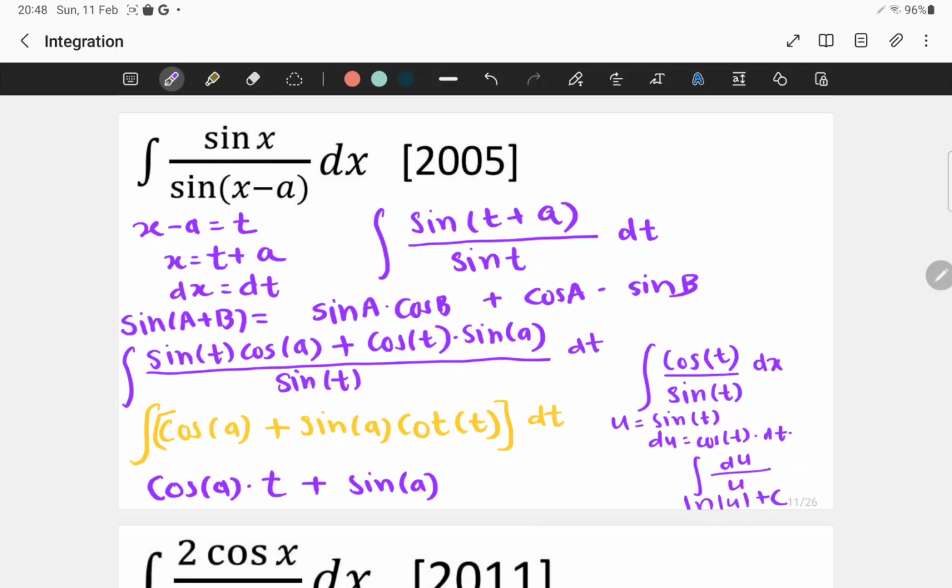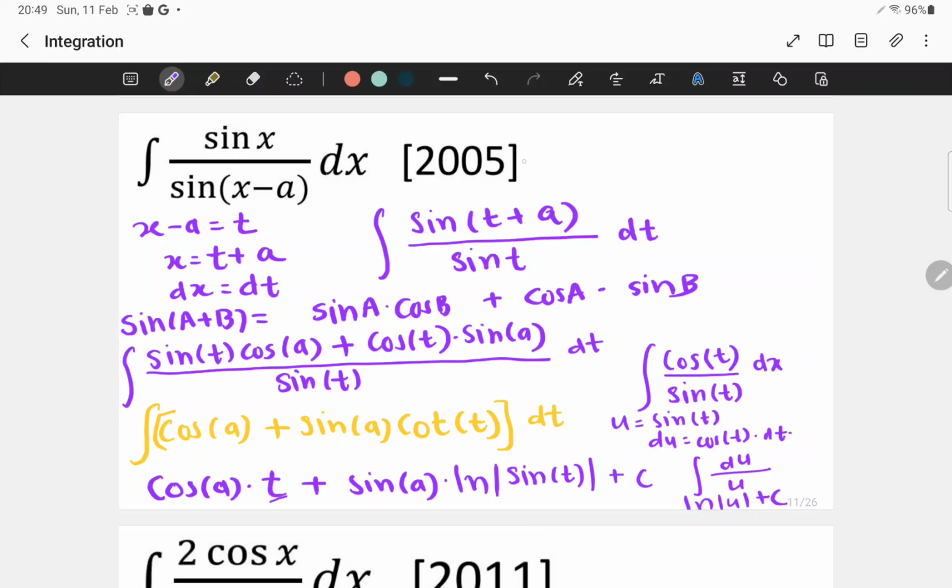So integration of cot t is natural log of sin of t plus c. So now I can replace t by the original value x minus a.